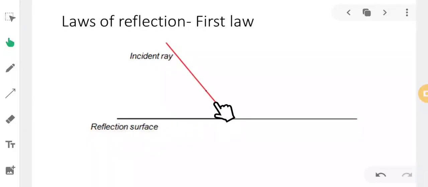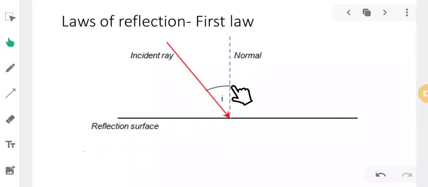This ray falls on this surface. Now let us draw a straight line perpendicular to this surface. This line is known as your normal, and the incident ray makes some angle with the normal. This angle is known as your angle of incidence.